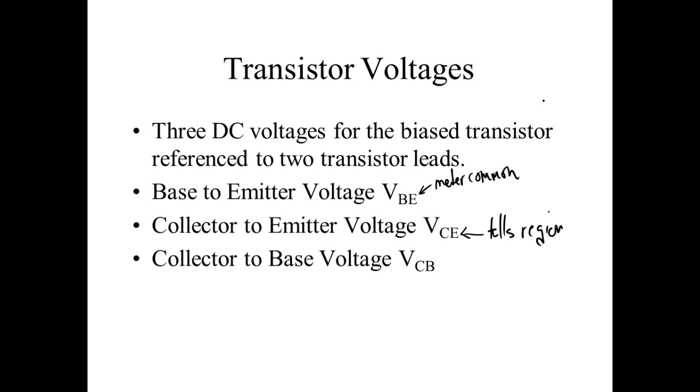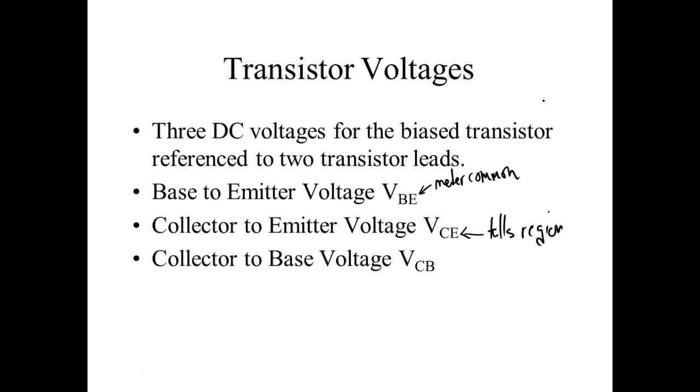So being able to identify the region, this is the guy right here. I just take my meter, put it across the collector to emitter, and I know exactly what's going on. This tells you a lot. Because if it's supposed to be in the active region and I measure the dang thing and it measures saturated, you're going to be able to zero in on the cause of that right off the bat. Very fast.